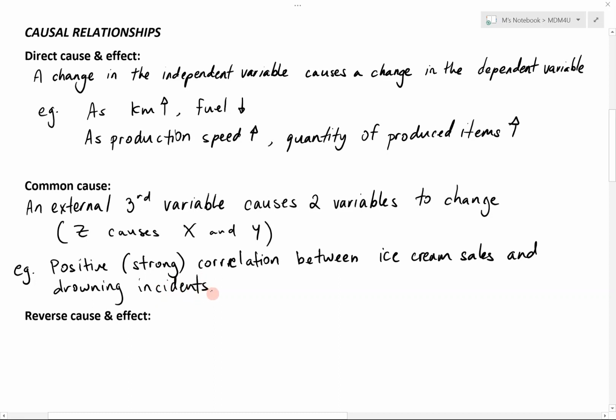But you might wonder, there doesn't seem to be any causal effect between ice cream sales and drowning incidents. If you say, well, the more ice cream sales you have, the more drowning incidents you have, how does that work? How does ice cream cause drowning?